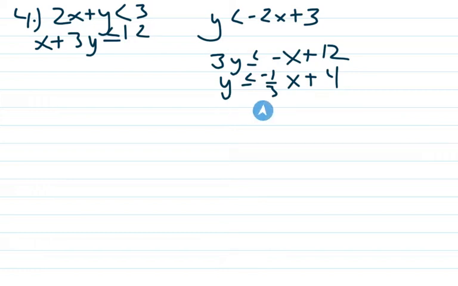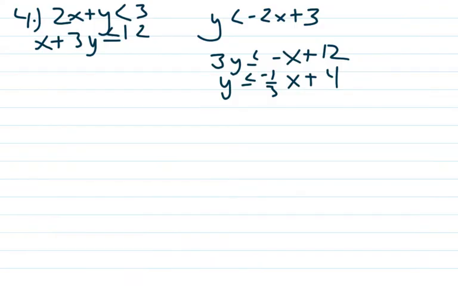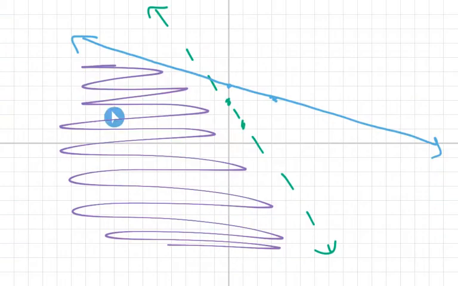And so that left me with y is less than or equal to negative 1/3 x plus 4. And so that's this line right here. That was a solid line, and we're shading underneath it. So because both of them end up being less thans, you're going to shade underneath both, and so the region that's underneath both would be that purple region there.